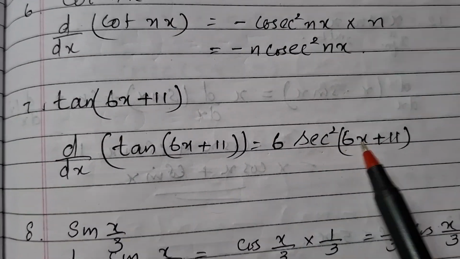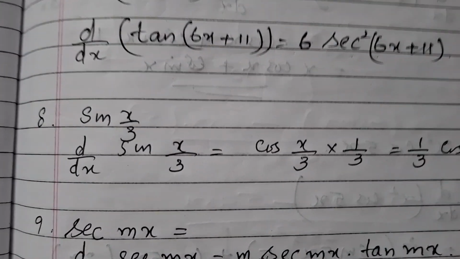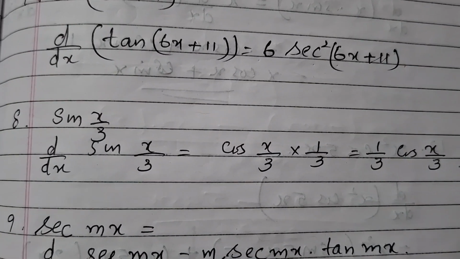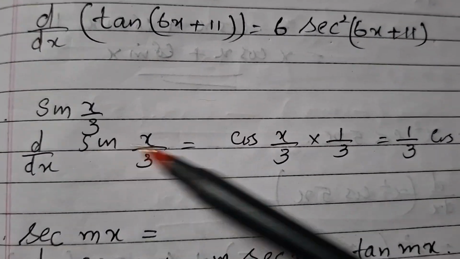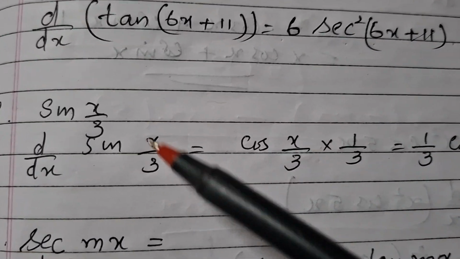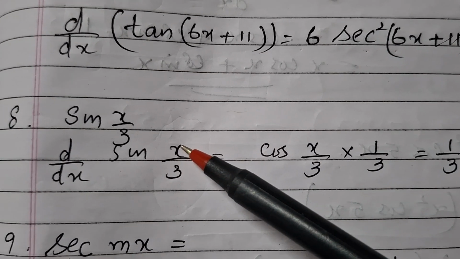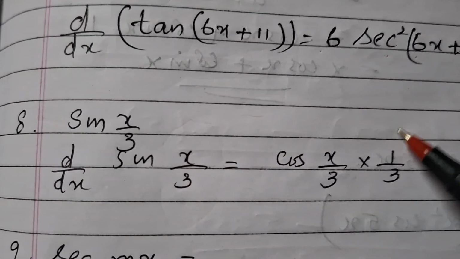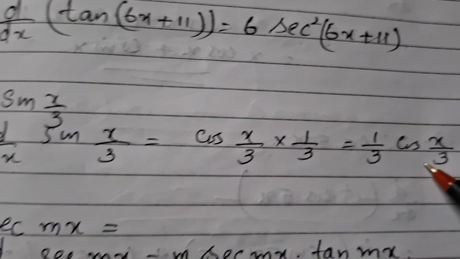So 6 into sec square of 6x plus 11. Then question number 8, sin of x by 3. D by dx of sin x by 3 is cos of x by 3. Then again we have to do the inside part: d by dx of x is 1, so it will become 1 by 3. So 1 by 3 into cos of x by 3.